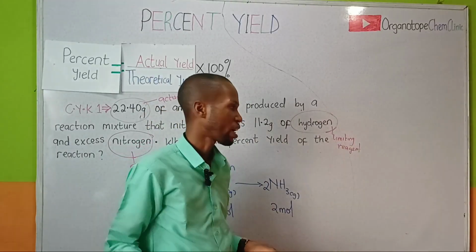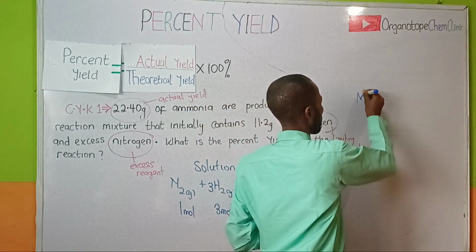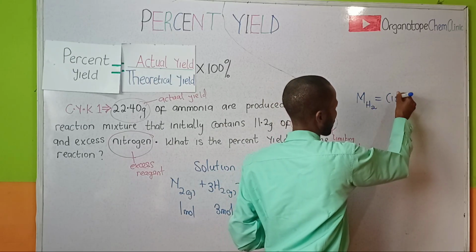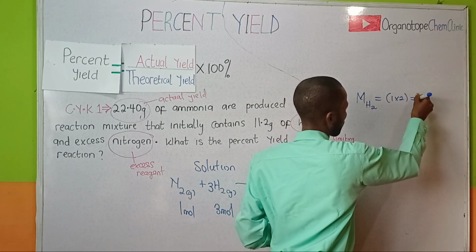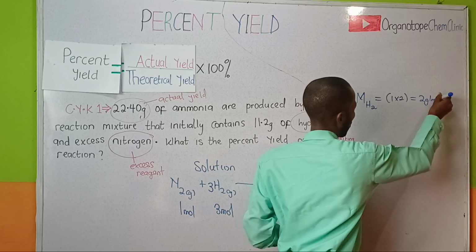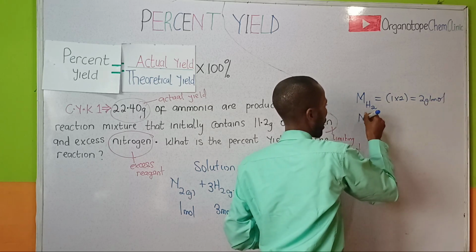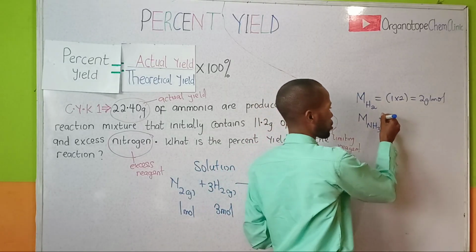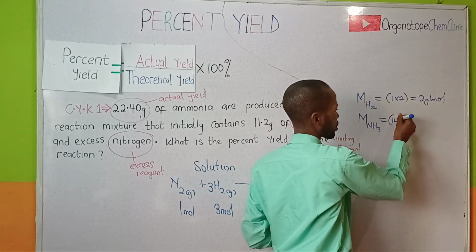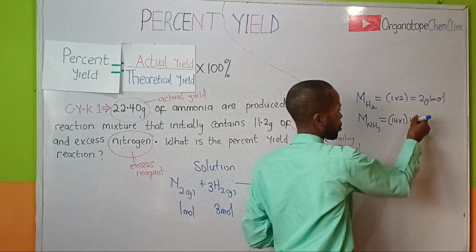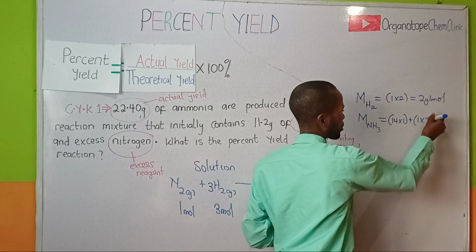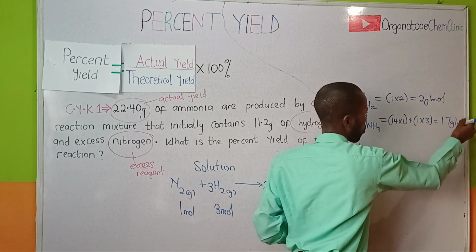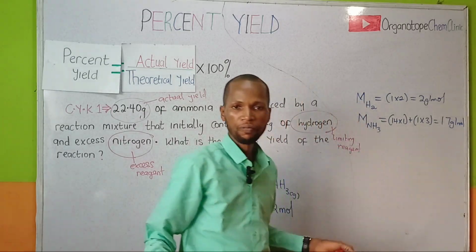The molar mass of hydrogen is given as 1 times 2, so we have 2 grams per mole of hydrogen, while the molar mass of ammonia is given as, the atomic mass of nitrogen is 14 times 1 atom, plus the atomic mass of hydrogen is 1 times 3. So we have 17 grams per mole of ammonia.